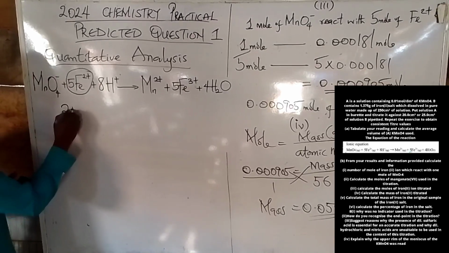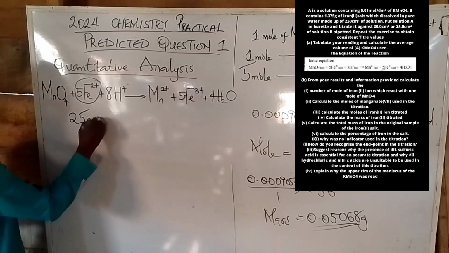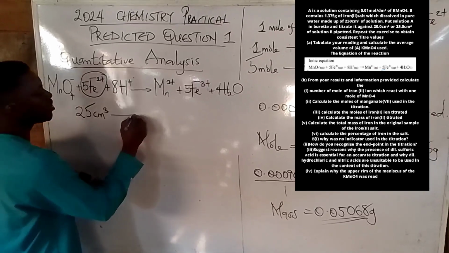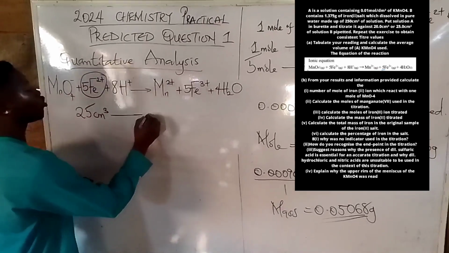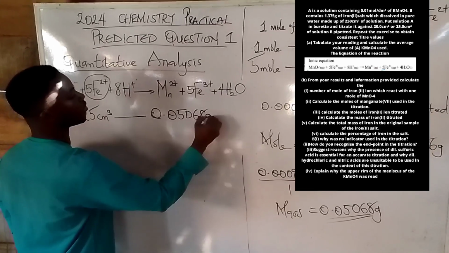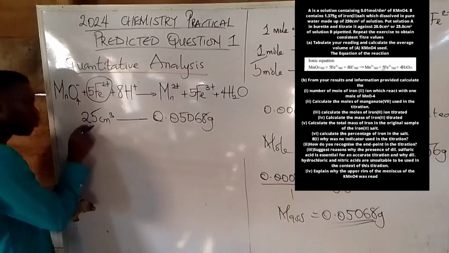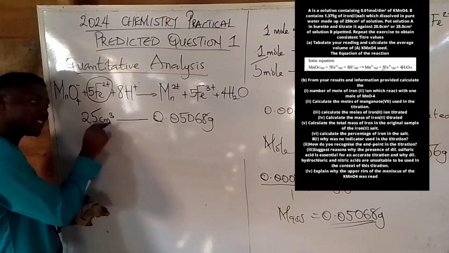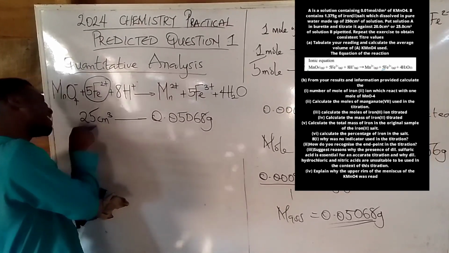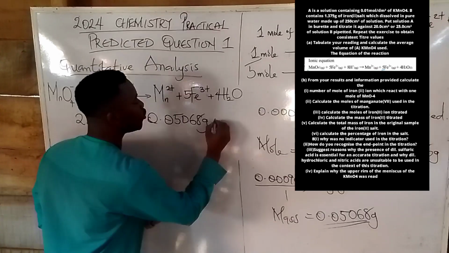The 25 centimeter cube is the one that contains 0.05068 gram. So this is the iron that is inside this 25 centimeter cube.